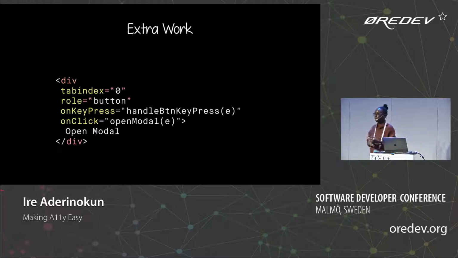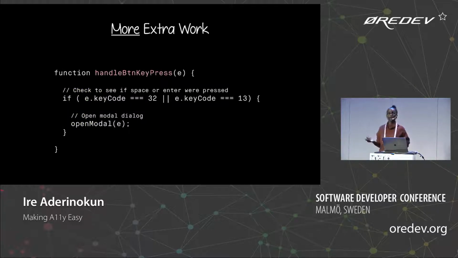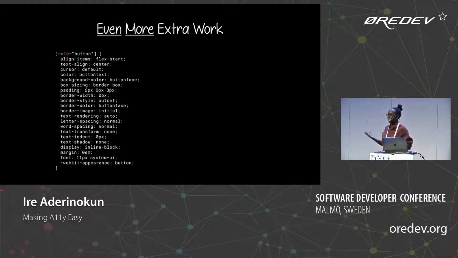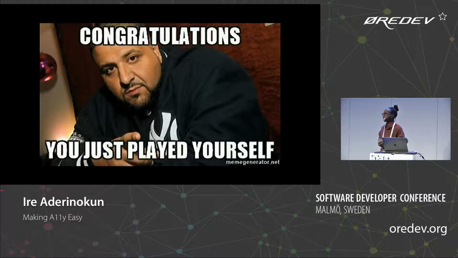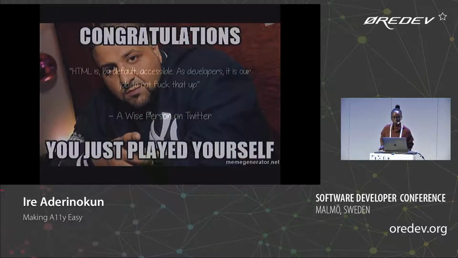You have to handle both clicks and key presses. You have to do even more work to handle all the different types of interaction to make sure both the space and the enter key are allowed. And you have to add all the styles back to make it look like an actual button. At the end of the day, it just seems like you've just played yourself. You could have just used a simple button.